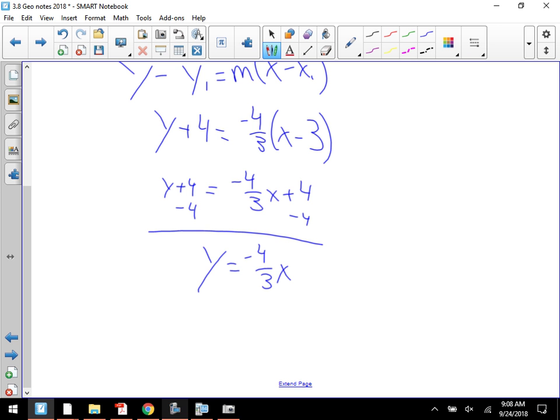If it was perpendicular, yes, it would be 3/4. Very good. Yep. That's all you need. Just flip the fraction, change the sign.